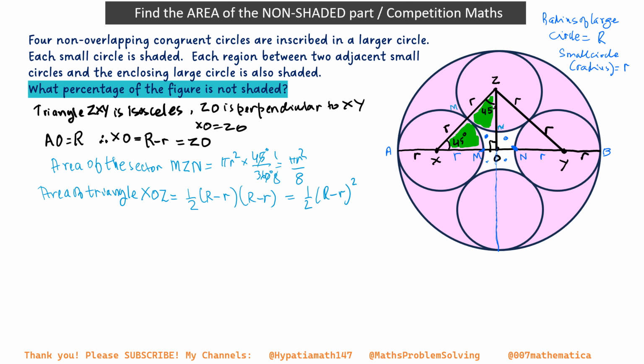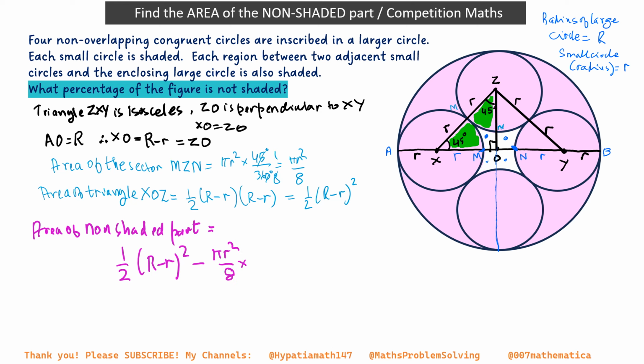So our area of the non-shaded part would be equal to the area of the triangle, that's half times R minus r whole square, minus pi r square out of 8.